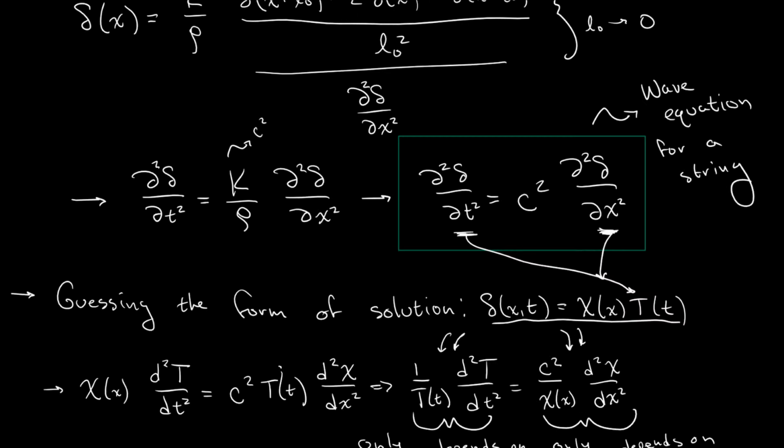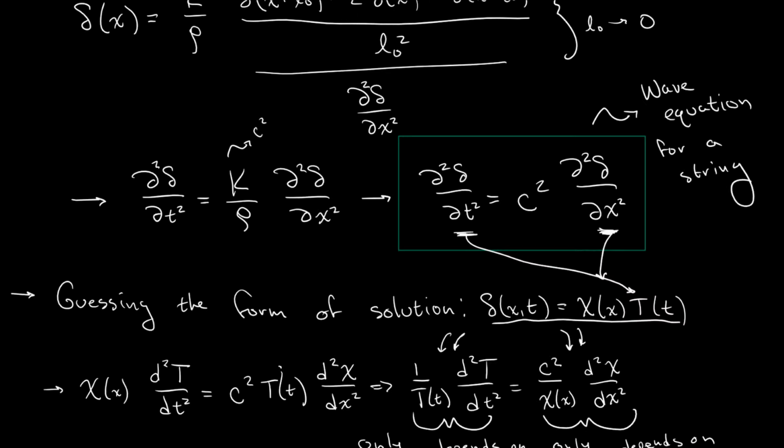This means that there is no rest frame. There's no unique rest frame where I can stand there and say, okay, the vacuum is sitting stationary, the vacuum is not moving, in the same way that I could say it with the string. I could say, okay, I'm standing in front of the string, it isn't moving, so I know that these waves are going to be traveling symmetrically in either direction.